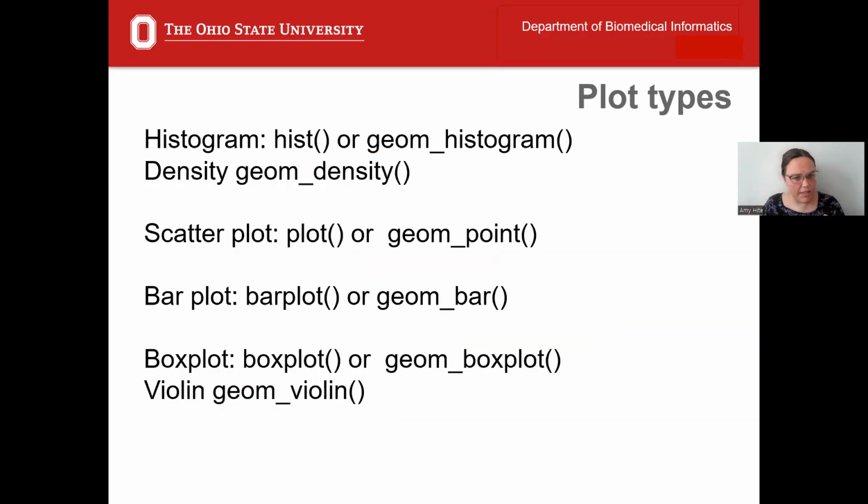These are all the different plot types I'm going to talk about. There are histograms and density plots. They're very similar. A histogram has bins where a density plot does not. Scatter plots are just points representing an X and Y axis. Bar plots are usually just one measure separated by groups.